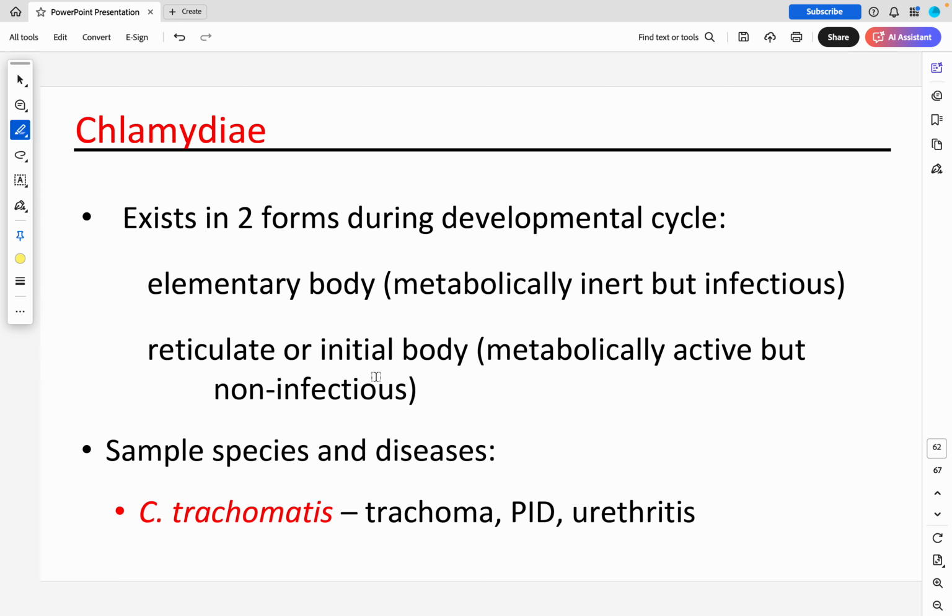It can exist in two forms during its developmental cycle: an elementary body, which is metabolically inactive but infectious, and a reticulate or initial body, which is metabolically active but non-infectious. So take note of the life cycle stages of chlamydia. Sample species include Chlamydia trachomatis, causing trachoma, pelvic inflammatory disease, and urethritis.